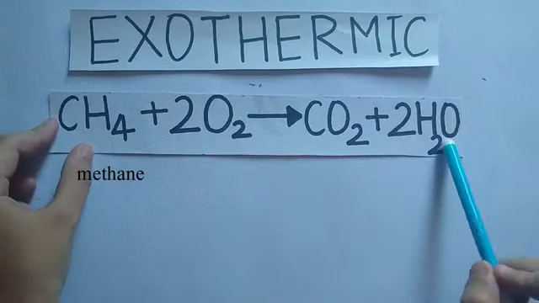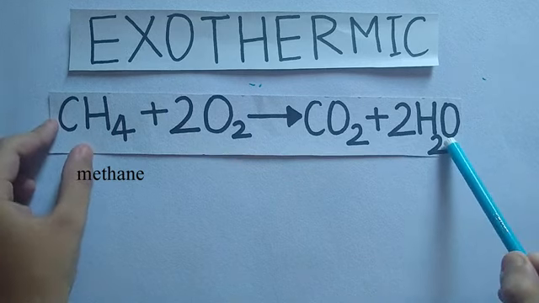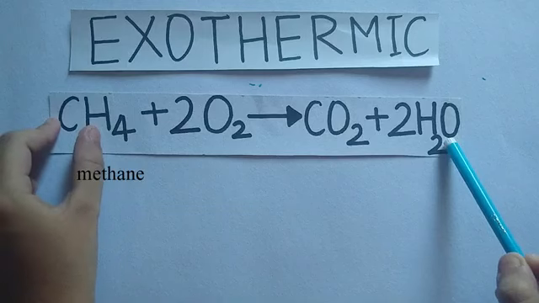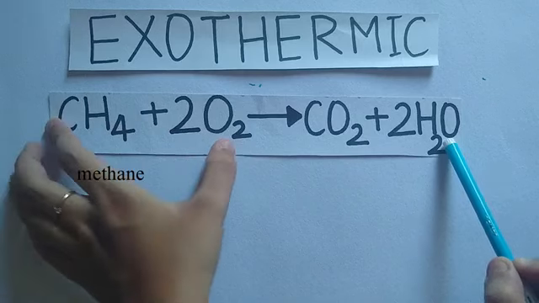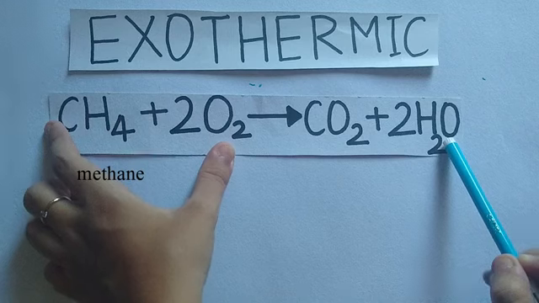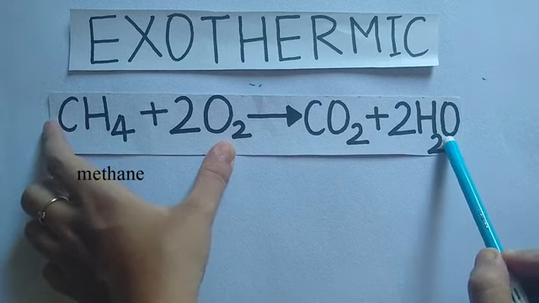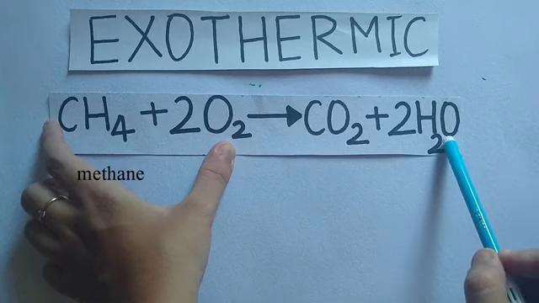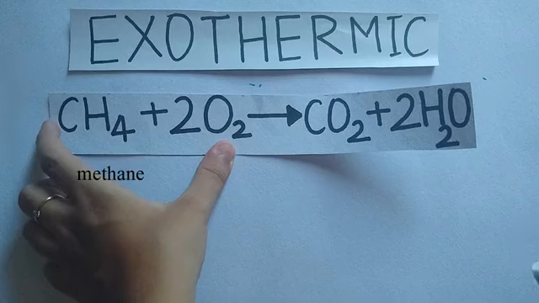So now, why do you think this is an exothermic reaction? Methane is being burnt in air, and because we're burning natural gas, it might be used to run your auto rickshaws or your vehicles, because they might run on natural gas.